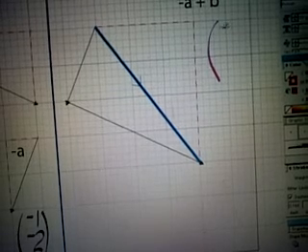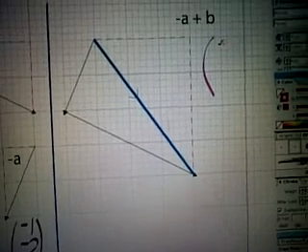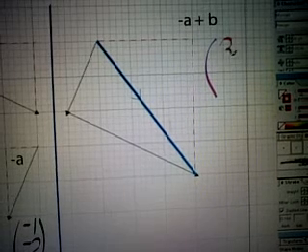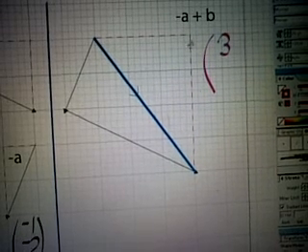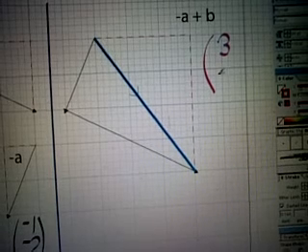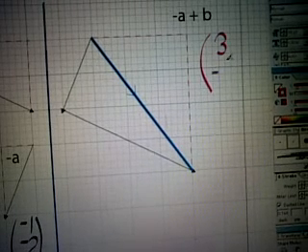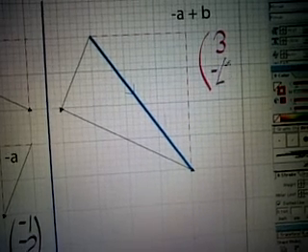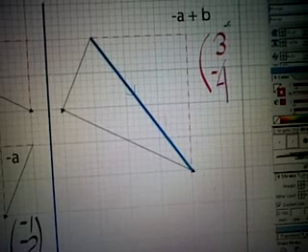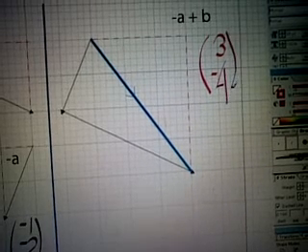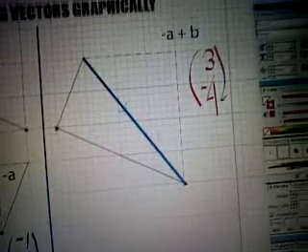Let us represent that as a column vector. 3 places to the right, which is positive 3, and 4 places downward, which is negative 4.